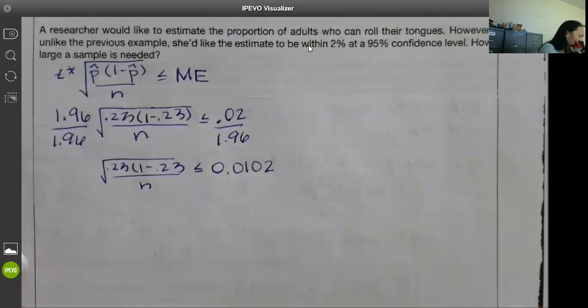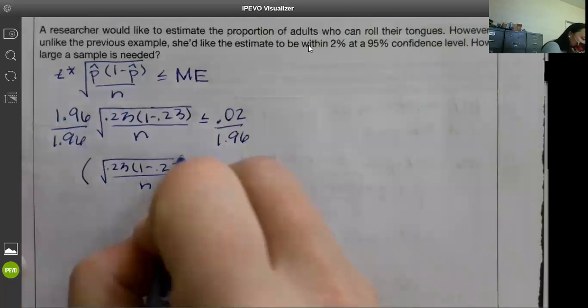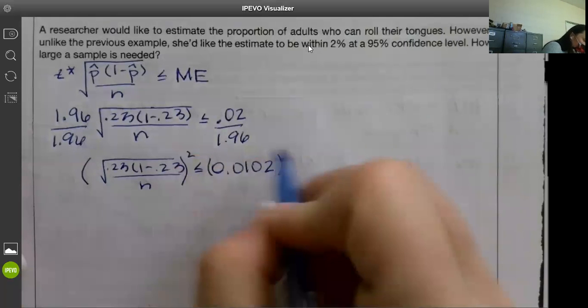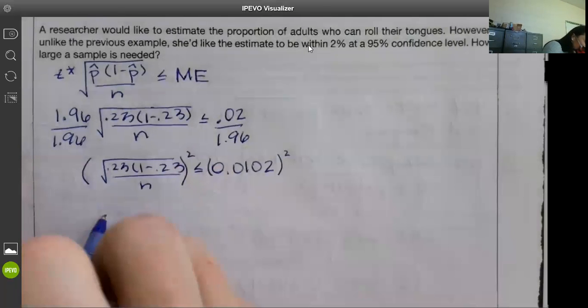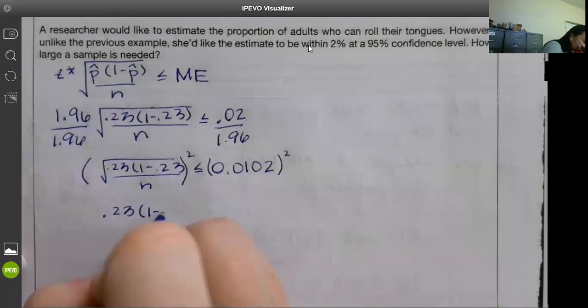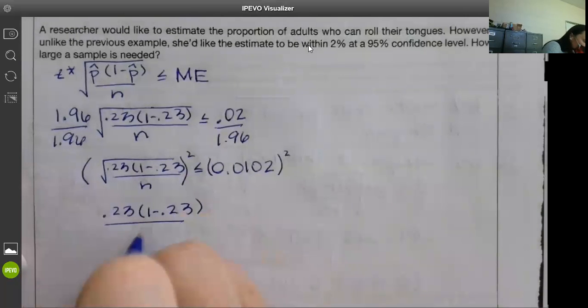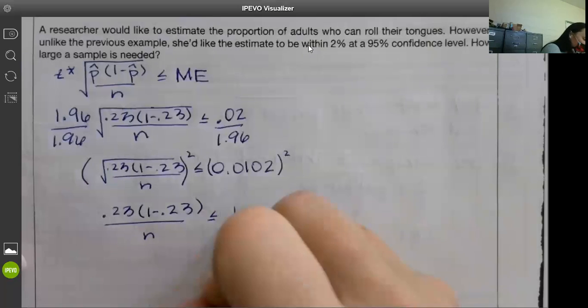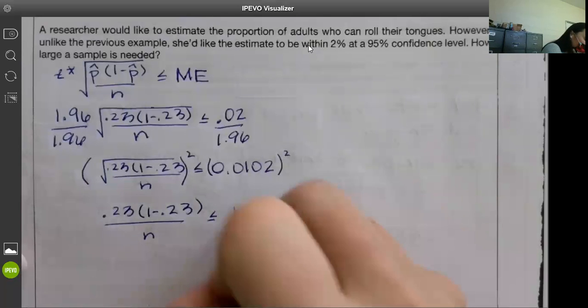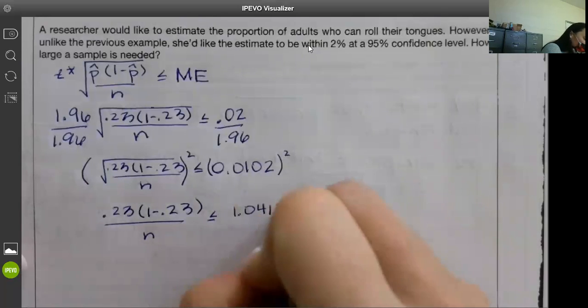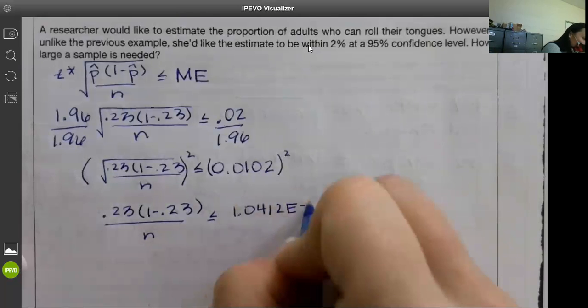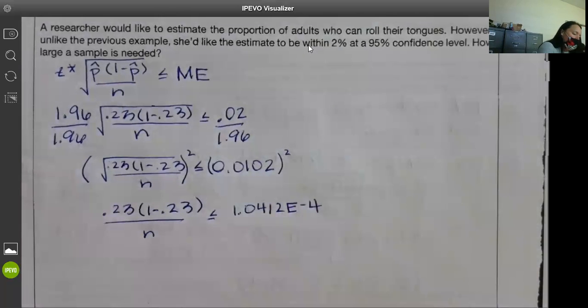What do you do now? Get rid of the square root. We get 0.23 times (1 minus 0.23) over N is less than or equal to. This one is crazy, 1.0412 E negative 4.